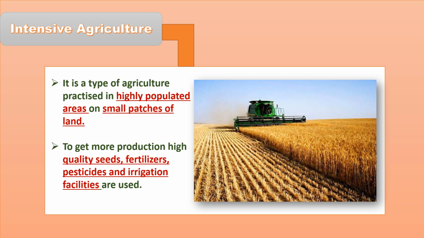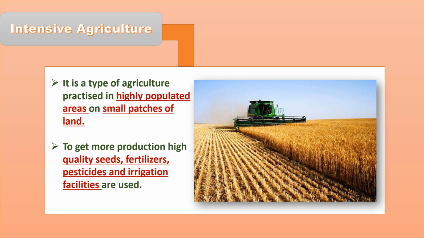Then we discussed intensive farming. Now, intensive farming, what happens? It is practiced in highly populated areas, and small patches of land are taken. As small patches of land are there, and it is for the highly populated areas, the farmers have to use quality seeds, fertilizers, pesticides, and irrigation facilities.